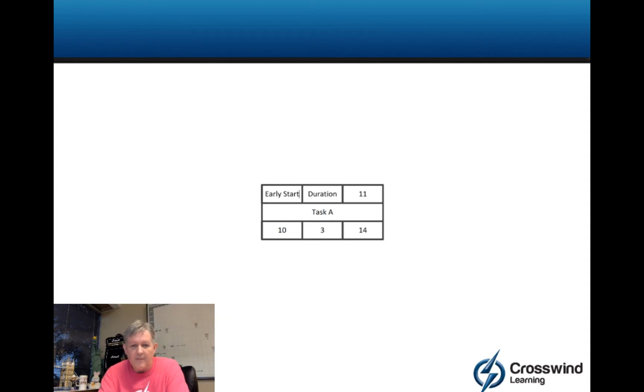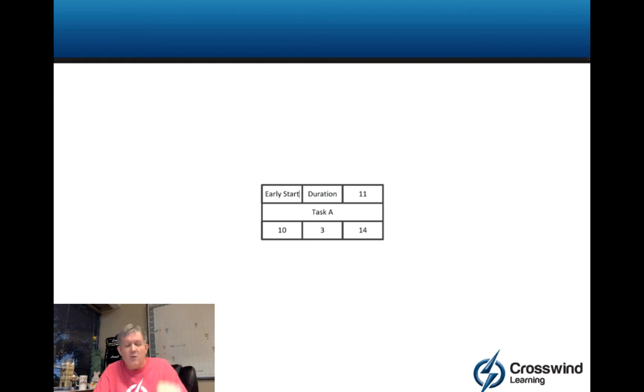So let's look here. So what are some ways we can get the early start and duration with what you see on the screen right now? Well, I know for fact I've got a difference of 3 on my right corners. So if I have a difference of 3 on my right, I'm going to have a difference of 3 on my left. And now, my early would never be bigger than my late.